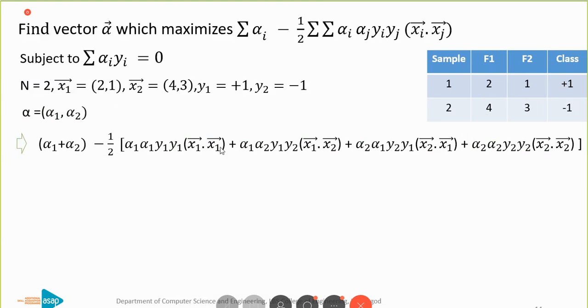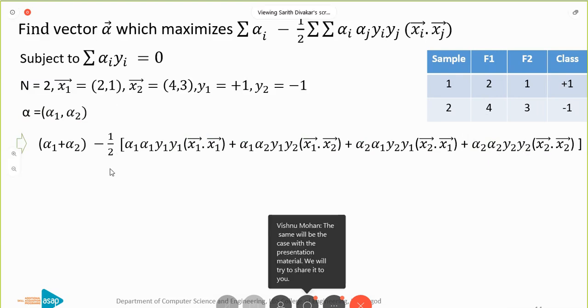For i is equal to 1, j is equal to 2, you get alpha 1, alpha 2, y1, y2, x1 dot x2. Plus i is equal to 2, j is equal to 1, alpha 2, alpha 1, y2, y1 and the dot product. And for 2, 2, alpha 2, alpha 2, y2, y2, x2 dot x2. I just substituted these values in the expression.